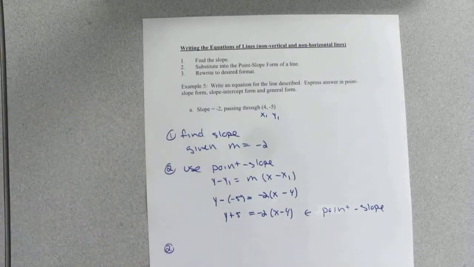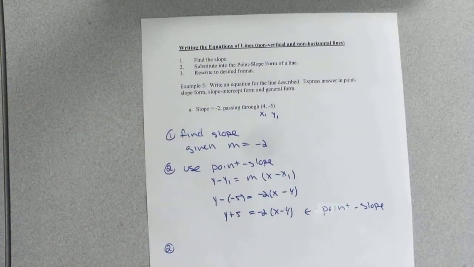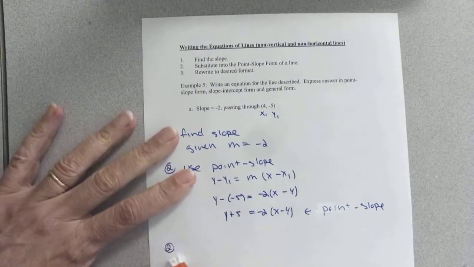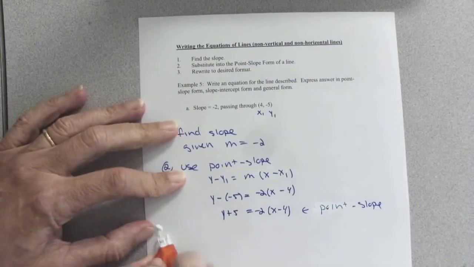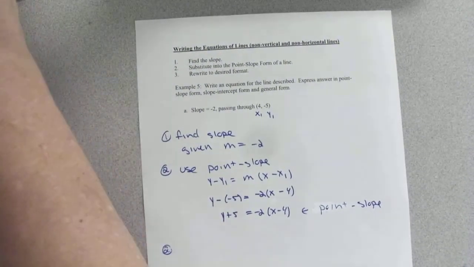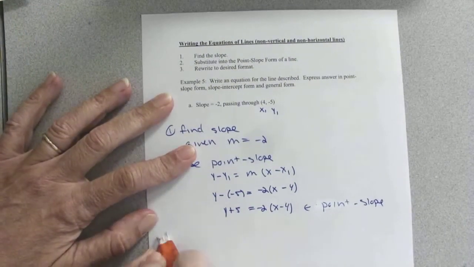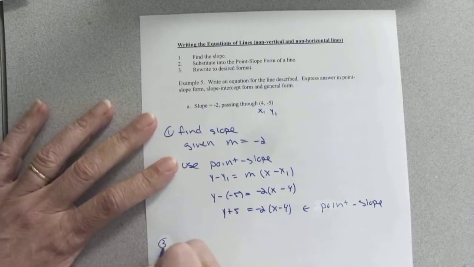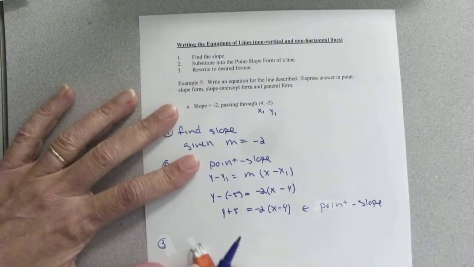Then getting our other forms, let's go for slope intercept first. So slope intercept form.